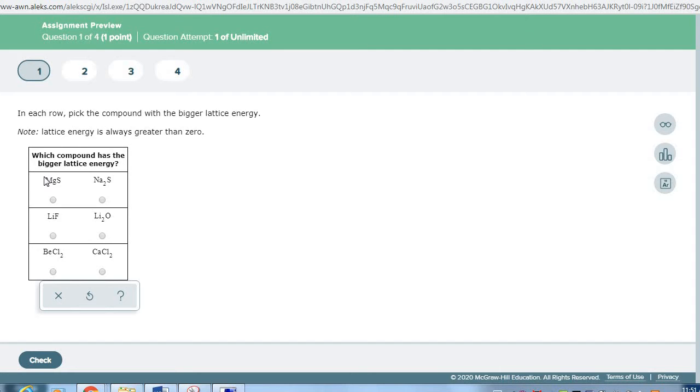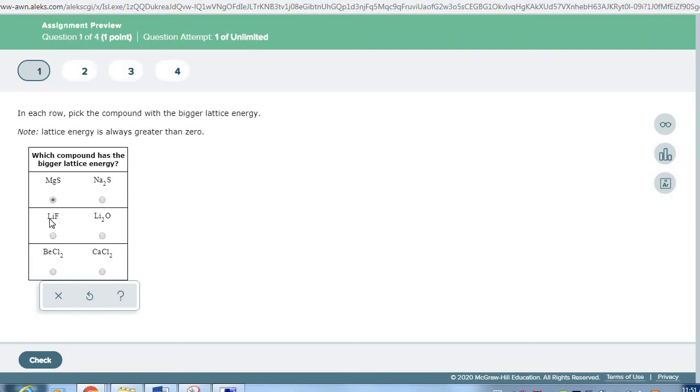Magnesium has a +2, the sulfide has a -2. Sodium has a +1 charge, whereas the sulfide has a -2 charge. So the magnesium has a +2, the sodium only has a +1, so it's definitely going to be the magnesium sulfide.